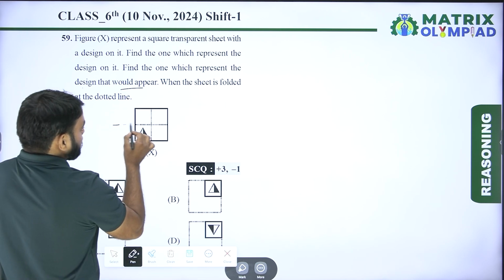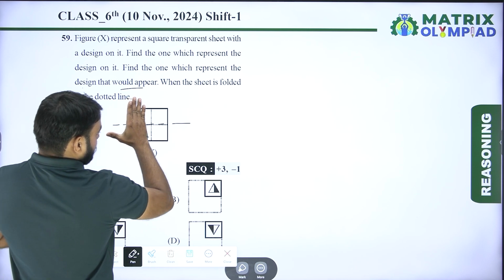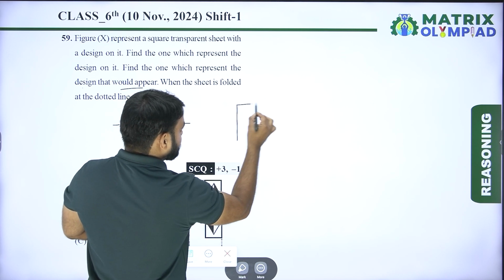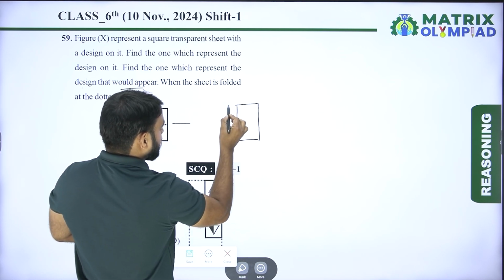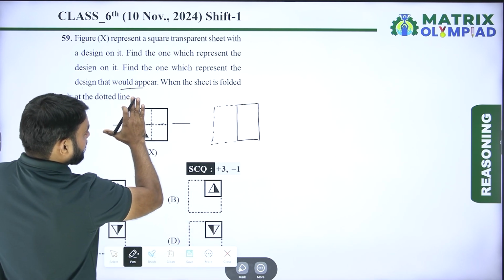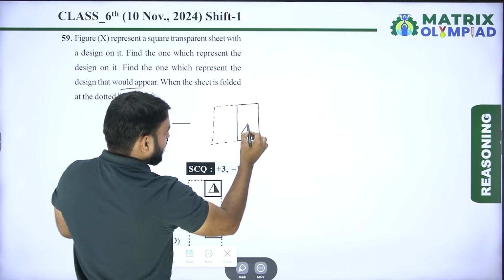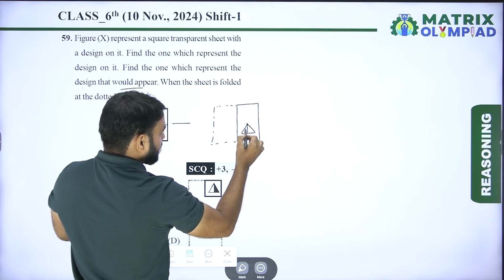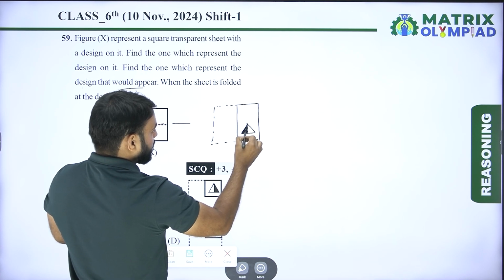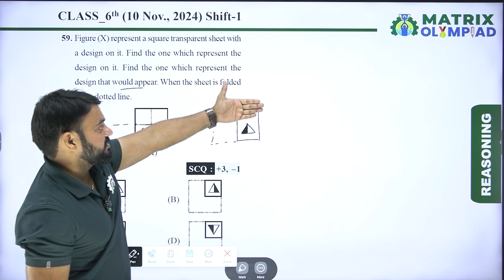Now fold this sheet along the dotted line. First this sheet will be folded in this direction. Then we get an image like this. When this sheet is folded in this direction, then we get an image like this. Now fold this sheet in this direction.